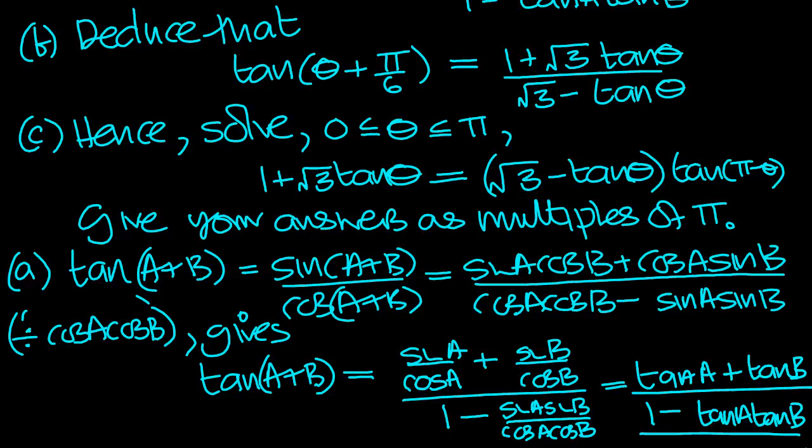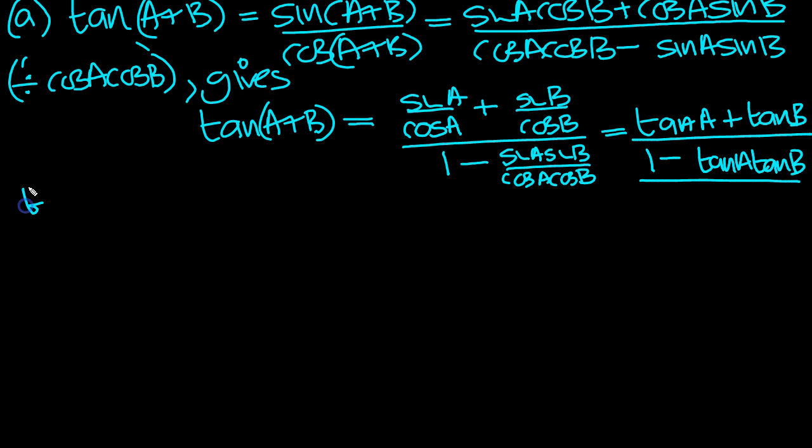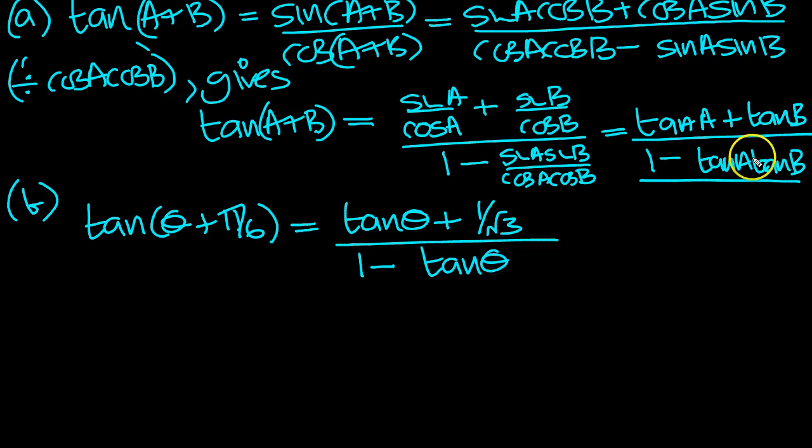Now deduce that tan of theta plus pi over 6 equals the right hand side. So part B, tan of theta plus pi over 6 is equal to tan theta plus tan of pi over 6, which is 1 over root 3, divided by 1 minus tan A, which is tan theta, times tan B, which is tan pi over 6, which is 1 over root 3.